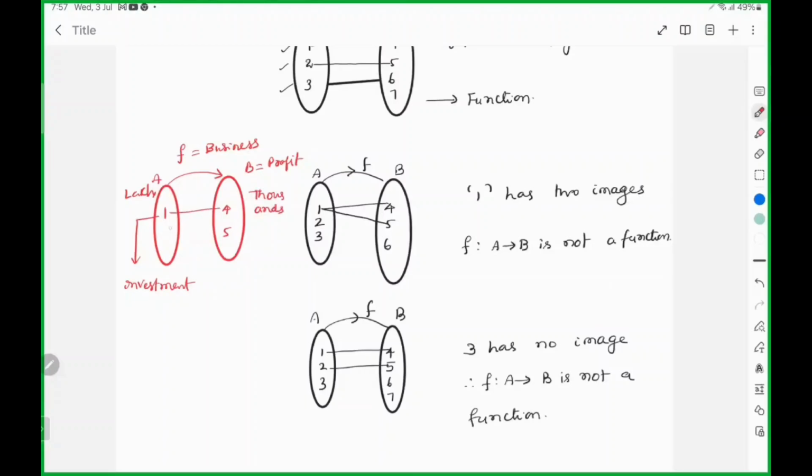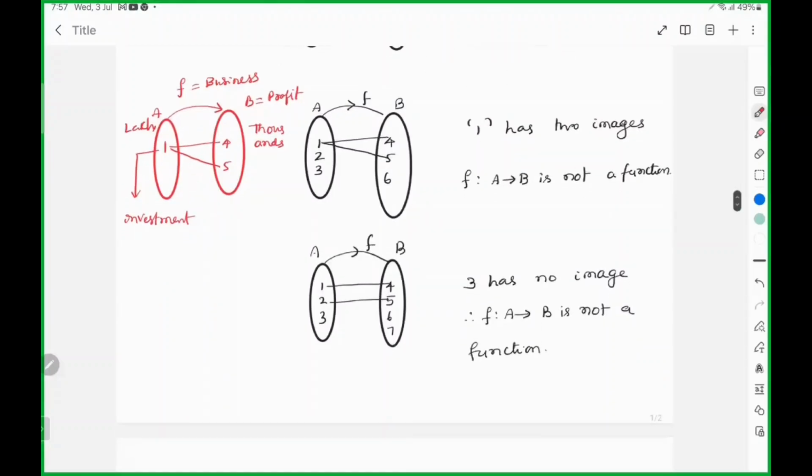Whoever invests will not get two different profits. Either 4,000 he will get or 5,000, both are not possible. Technically they restricted it like that, considering the general thing in nature.